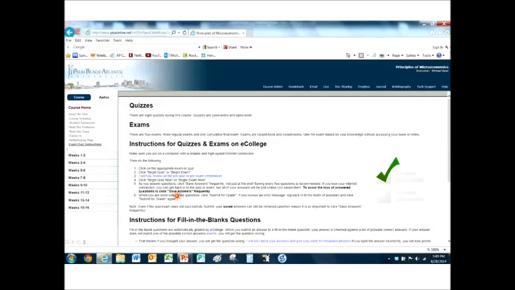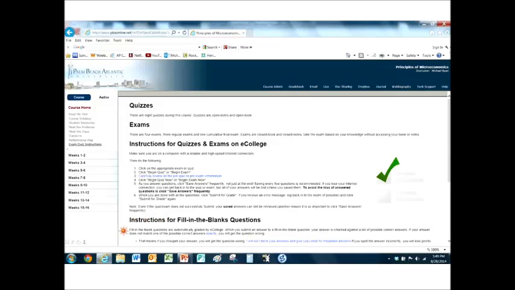The bottom line is, click Save Answers frequently when you're taking a quiz, and read all of these instructions, especially the instructions for fill-in-the-blanks questions, because the quizzes are very finicky about what you type in the blank, and if you don't type exactly what you're supposed to type, or one of the 5 options, then it counts it wrong.